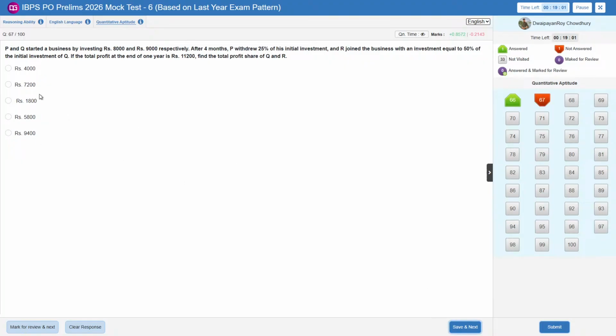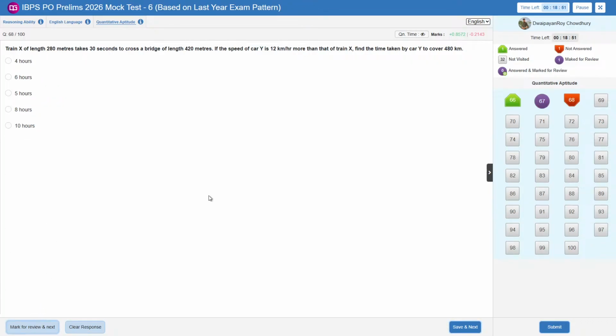P and Q started a business, 8,000 and 9,000, for 4 months. P withdrew, joined 50% initial. Q, okay, later. Length of X is 280, takes 30 minutes to cross a bridge. The total length crossed is 700 in 30 minutes.